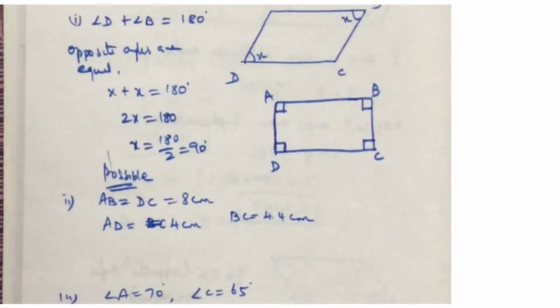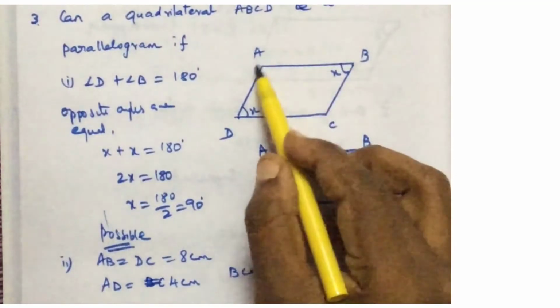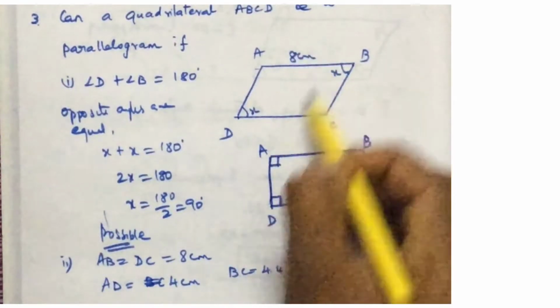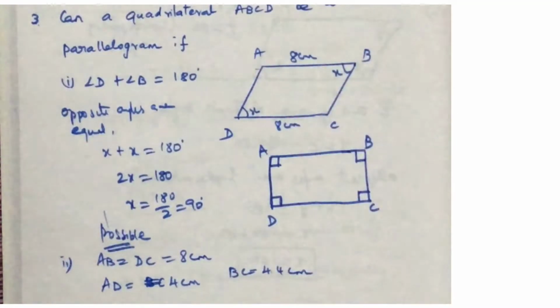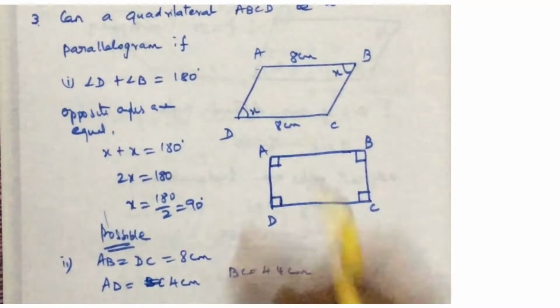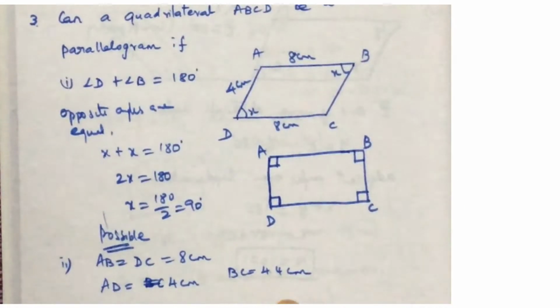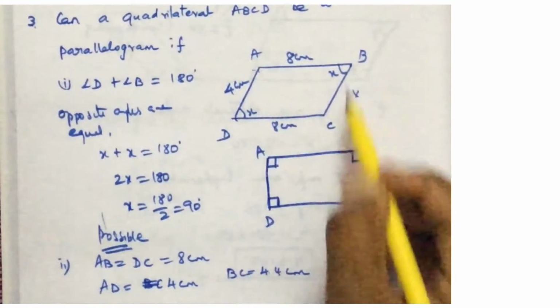The next case is AB equal to DC equal to 8 centimeters. AB is here, DC is here. So this is 8 centimeters, this is 8 centimeters. Okay, to be a parallelogram, the opposite sides should be equal. AD is 4 centimeters, and you see BC is 4.4, which is not possible because AD should be equal to BC.